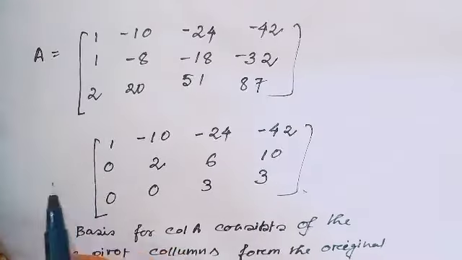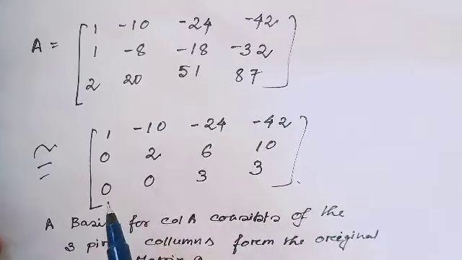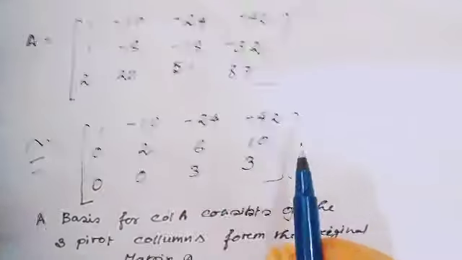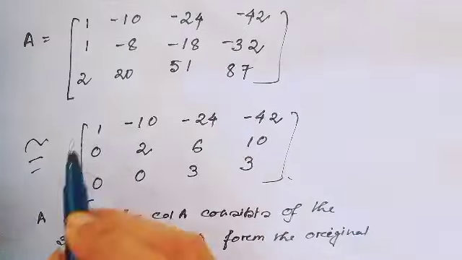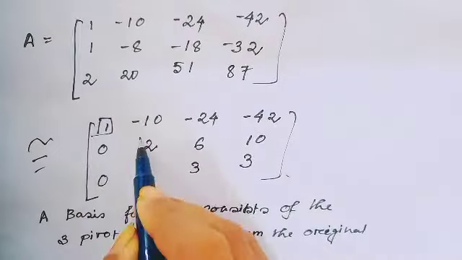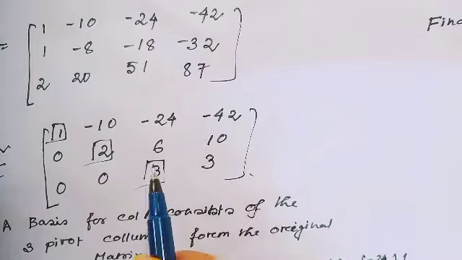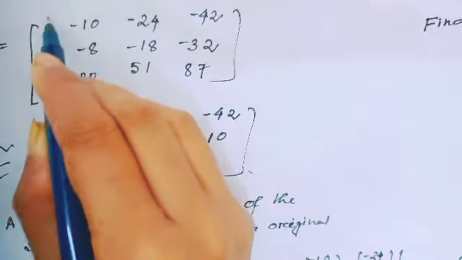Now after row reducing, this reduces to a matrix in which notice that three columns are pivot columns. Since these three columns are pivots, they correspond to the original columns.